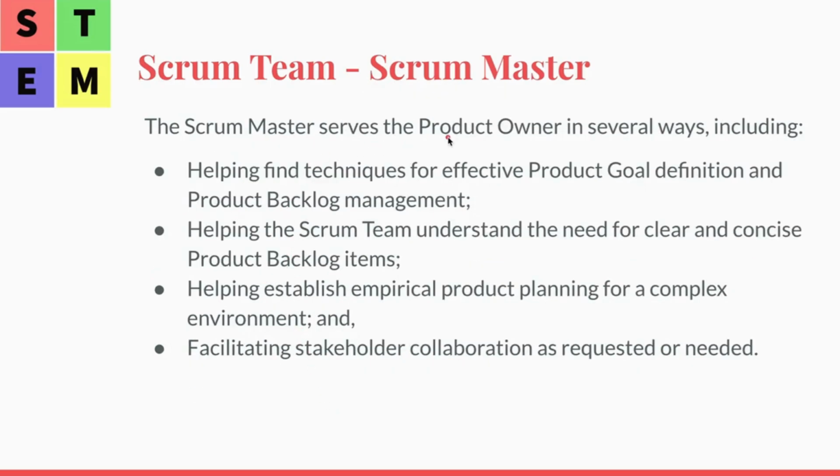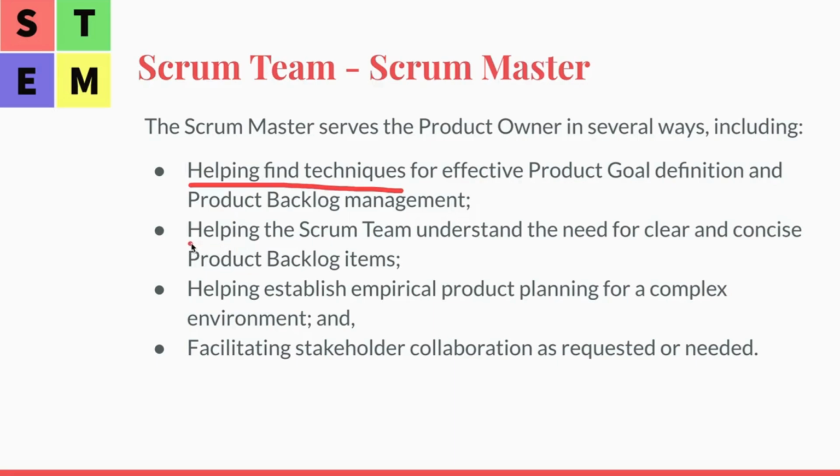The Scrum Master also serves the product owner in several ways. It helps to find techniques for effective product goal definition and product backlog management, but the product owner is still responsible for managing the product backlog.